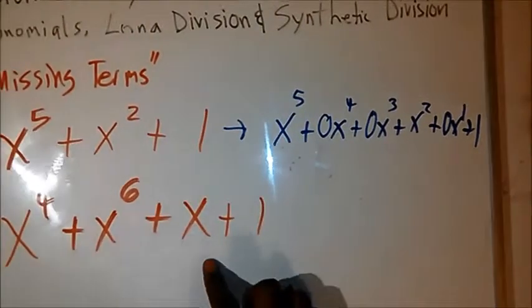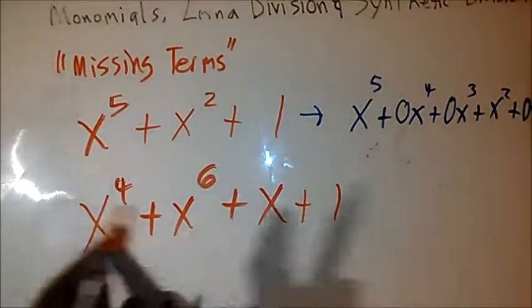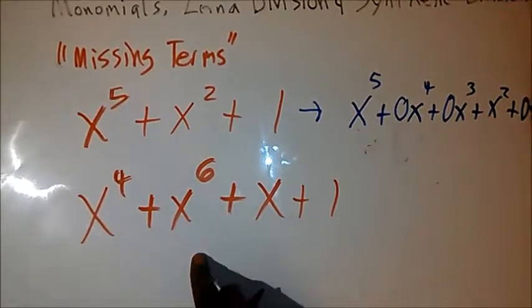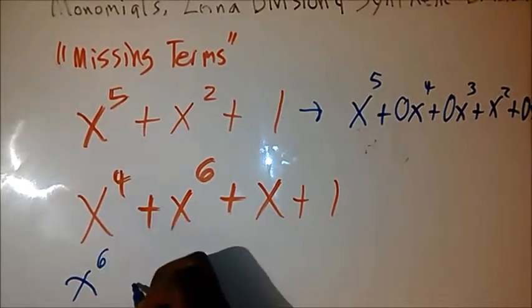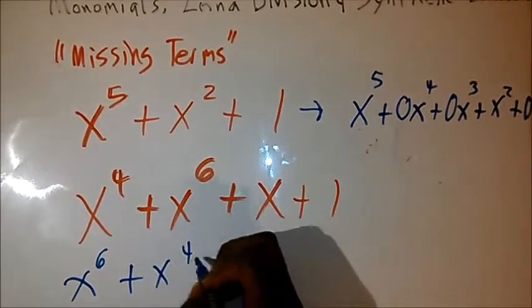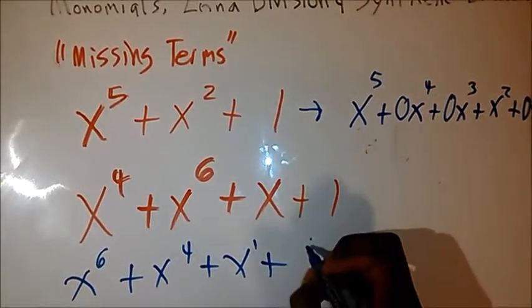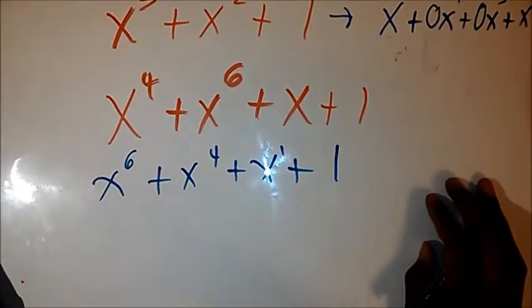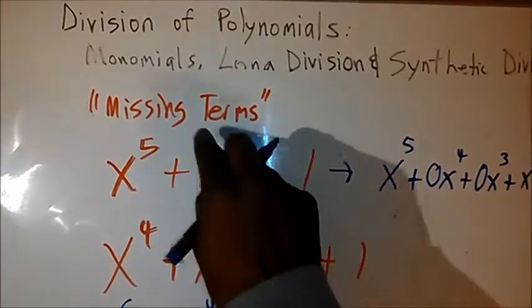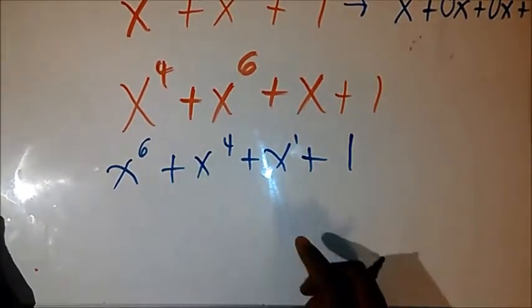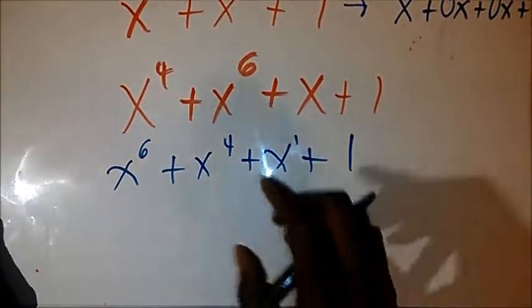Let's look at this one. Let's say you have another one like this, x to the 4th power plus x to the 6th power plus x plus 1. First of all, it's not arranged in order of descending powers, so we've got to put it that way. First we have x to the 6th power plus x to the 4th power plus x to the 1st power, our invisible 1st power, plus 1. And we have missing terms too here. We're missing 5th power, 3rd power, 2nd power. So we have to put placeholders here.